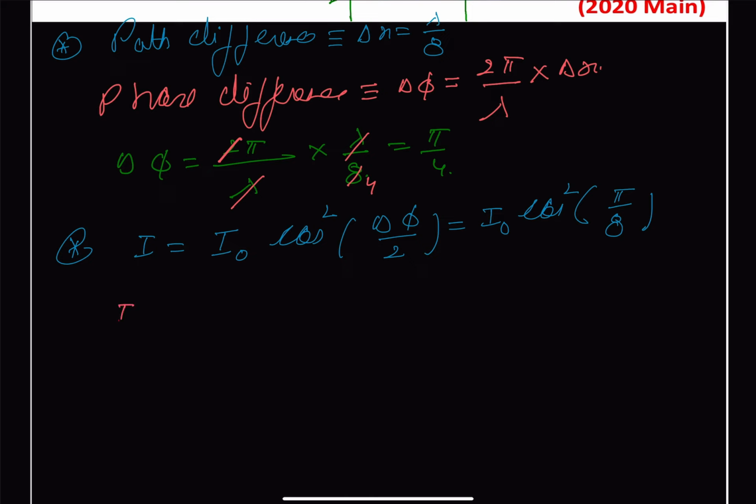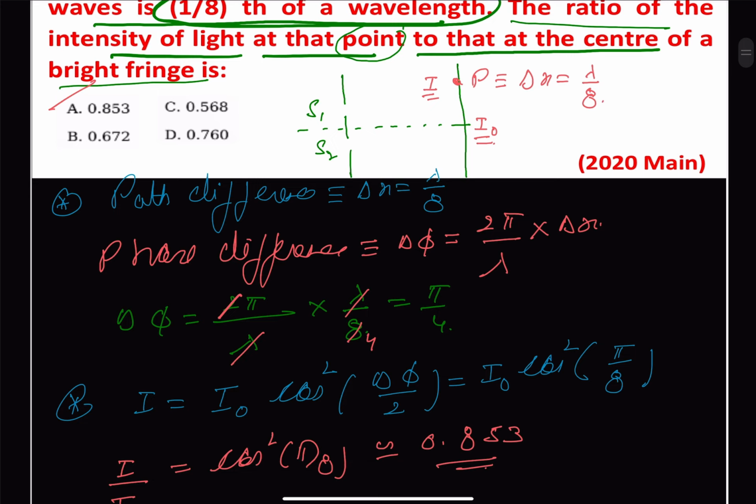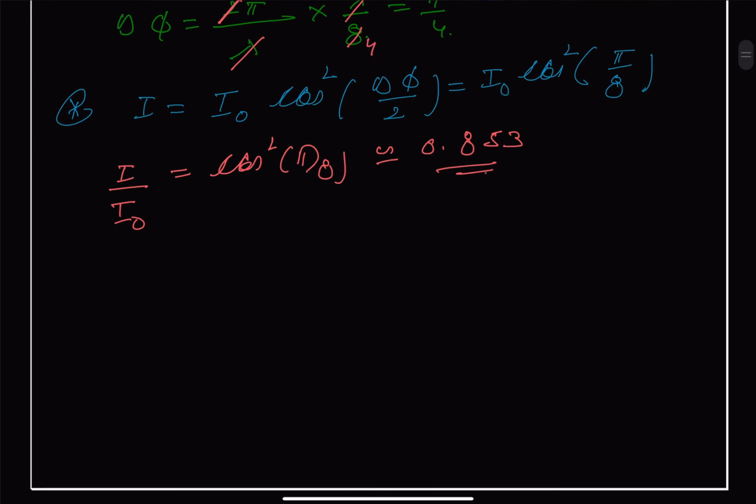So I by I naught will be equal to cos square pi by 8, and this comes approximately at 0.853. So option A is the correct one. Option A is correct.